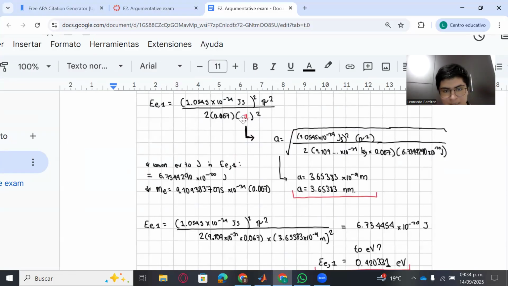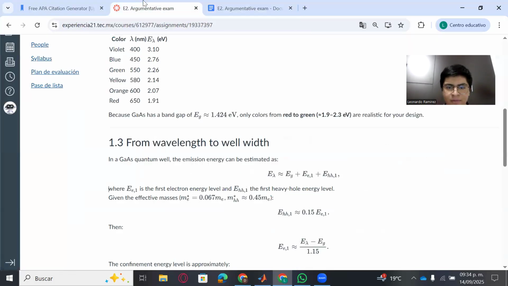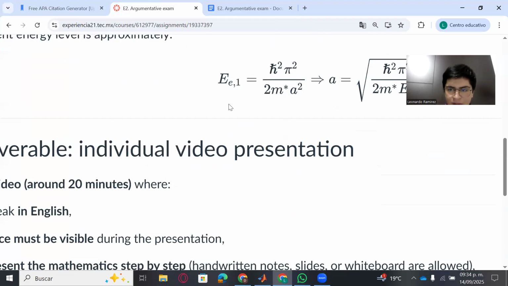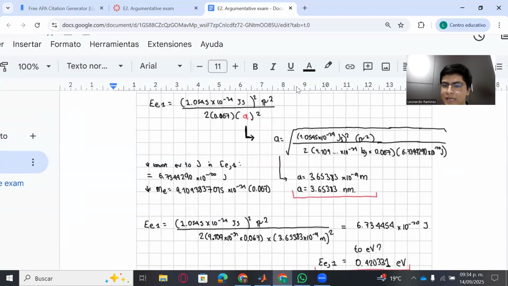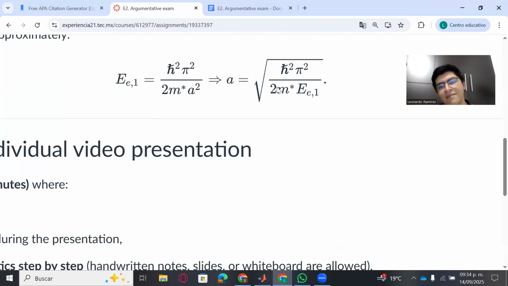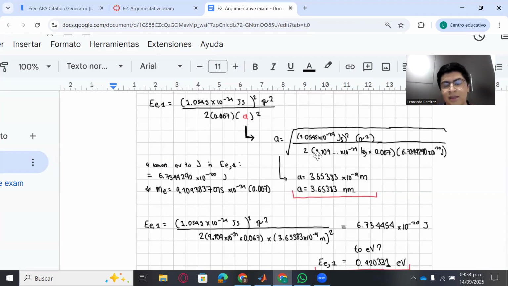But let's also remember that from this formula, we can solve for A, which is the main target variable, because all the other values, we already have them. We have the reduced Planck constant, we just have to square it. Of course, pi is trivial. We have the mass, but we have to remember that it's not the complete mass. So here we have the mass of an electron, and we only have to compute 0.067 of that mass.